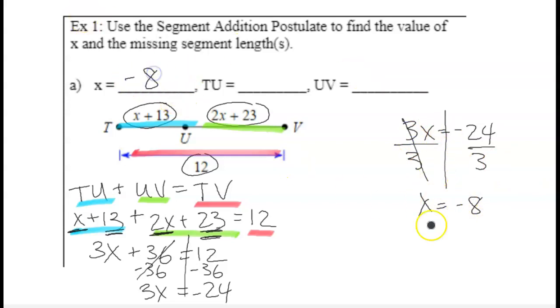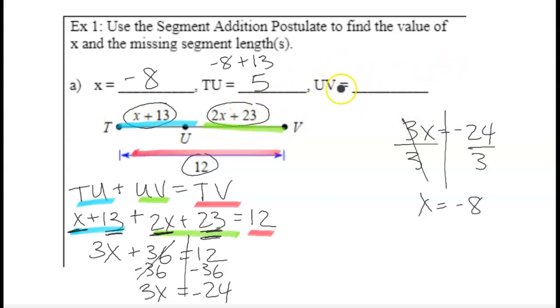That is going here. It has asked me for the length of TU. Now, I know that's x plus 13, but now that I know what x is, I want to replace it and figure out the length of TU. Negative 8 and positive 13 leaves me with 5. So from T to U is 5.